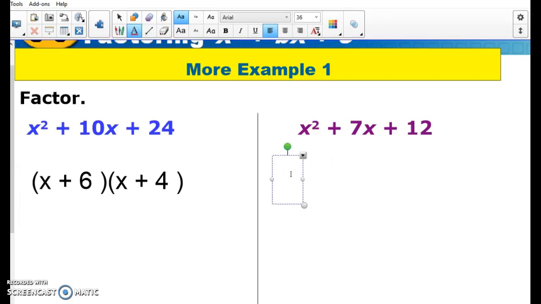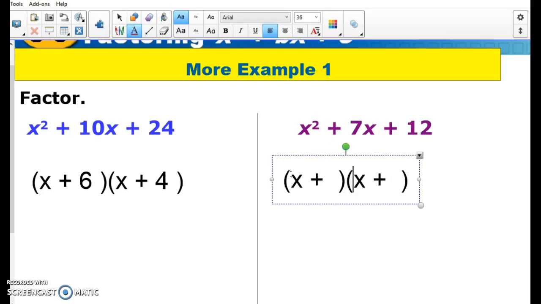Alright, here I have x squared plus 7x plus 12. So let me set up my parentheses. So I know it's going to be x plus something, and then another set of parentheses with x plus something. Okay, and then 12, I only have a few options. I can do 12 and 1, 6 and 2, or 4 and 3.